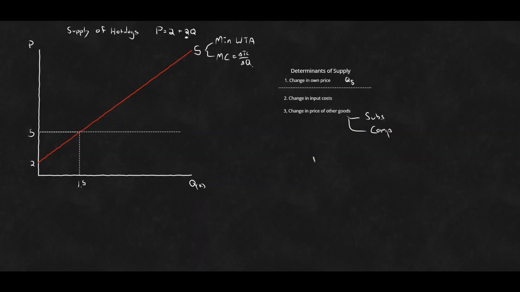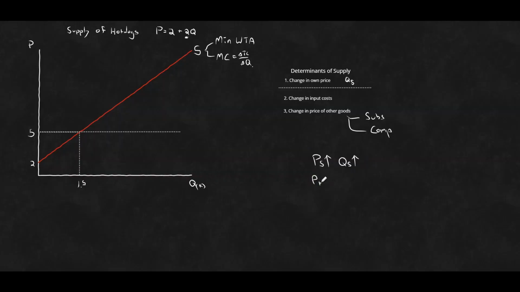Well, what would happen if the price of a sausage were to go up? Given our law of supply, the quantity of sausages would also increase. So given the higher price of a sausage, they would want to make more sausages.